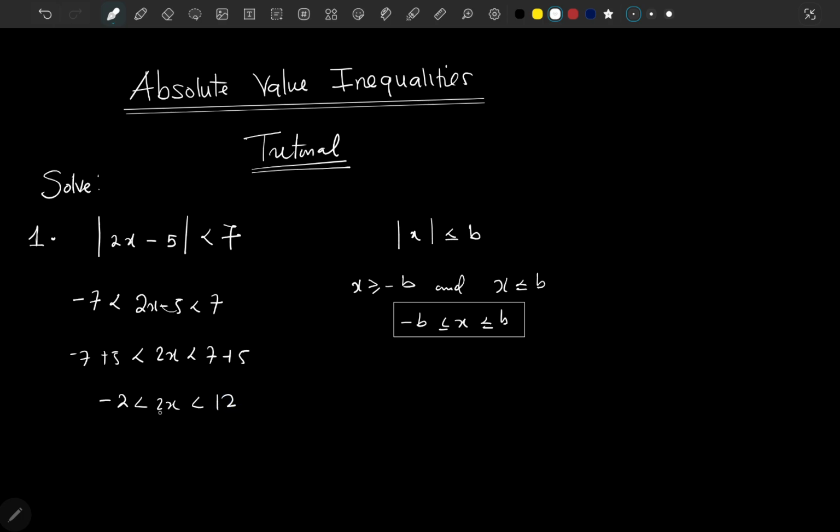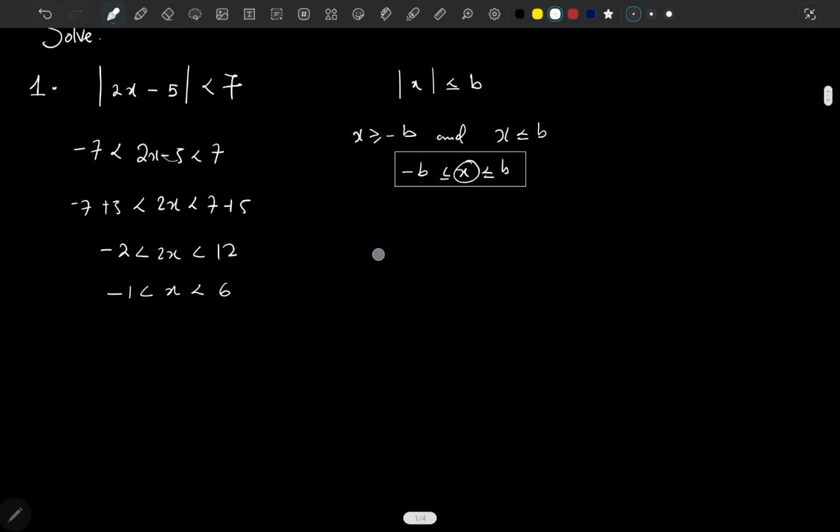Now divide throughout by 2 so that you only remain with x. Negative 2 divided by 2 is negative 1, and 12 divided by 2 is 6. Therefore, your solution is that x is in this range.